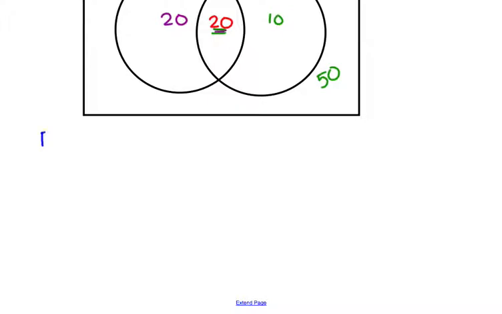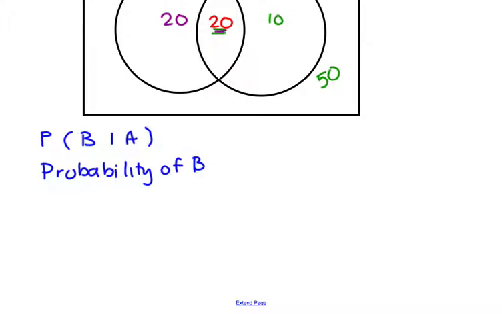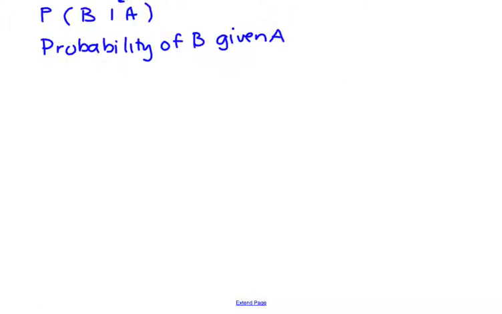So our probability formula is like this. You remember how you say this? It's a probability of B given A. So this little notation is A. So I'm just going to go ahead and change it to our letters.